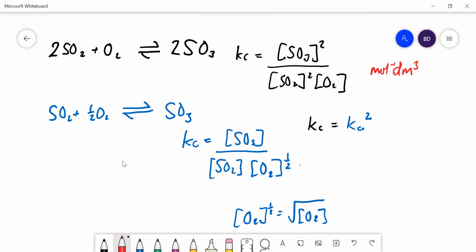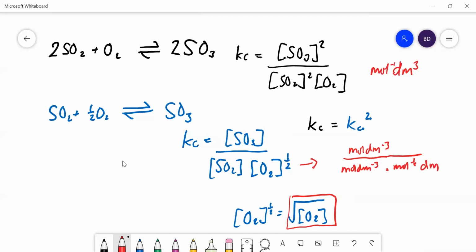The units of the blue one, this one here, let's do it. It's going to be moles per decimeter cubed for the sulphur trioxide over the moles per decimeter cubed for the sulphur dioxide. Now, remember that the power of half is the square root of something. So the units of that are going to be mole to the half, dm to the minus 3 divided by 2, so that's dm to the minus 3 over 2.